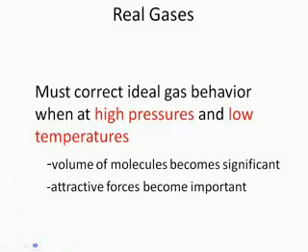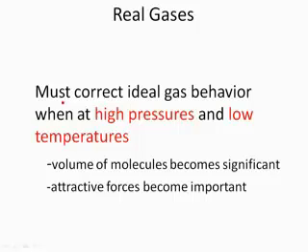All right, real gases. Remember, we talked about how ideal gases are gases that behave according to the kinetic molecular theory. Well, real gases are ones that are in some set of conditions that prevents them from behaving this way.